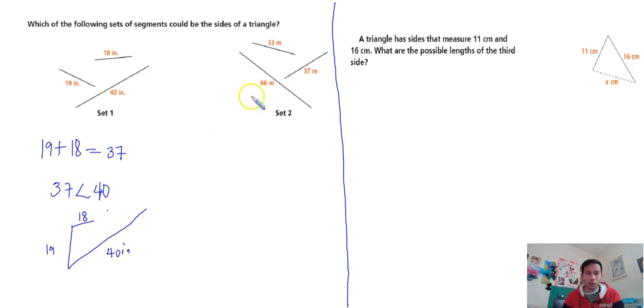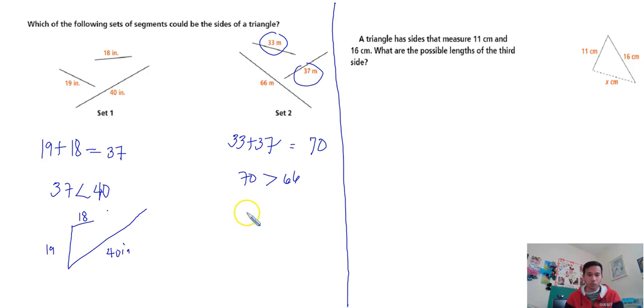Next, let's say 33 plus 37, the first two sides here, that will give you 70, which is greater than 66. So if this is 33 and the next one will be 37, this can be 66 if I connect that one. So to answer that, it will be set number 2.